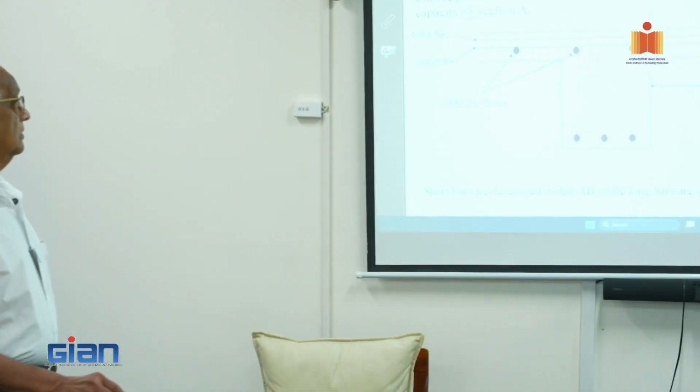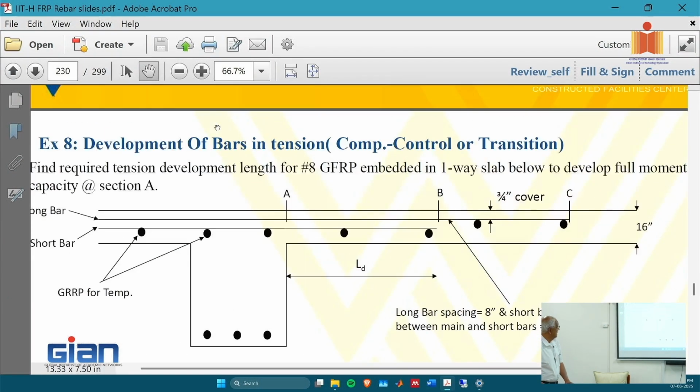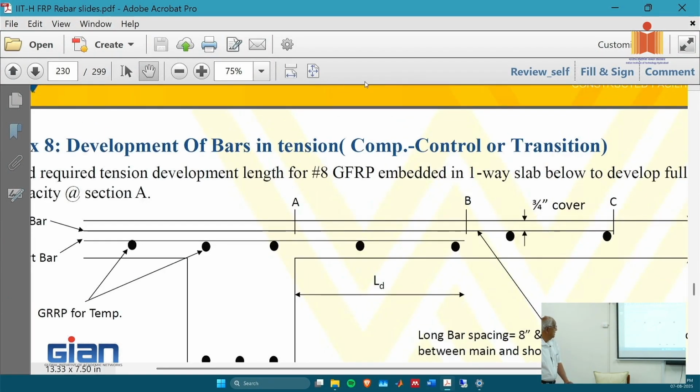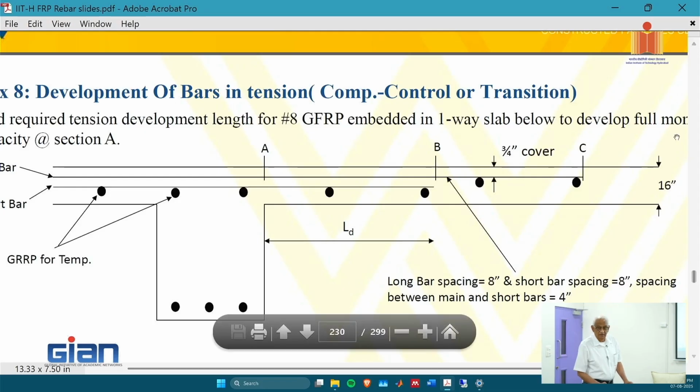So here we want to talk about development of bars in tension, compression control or a transition.